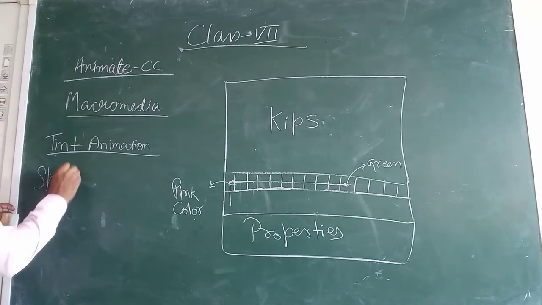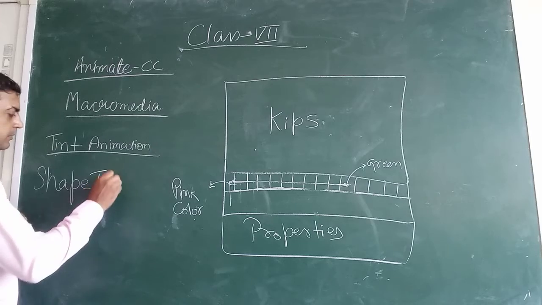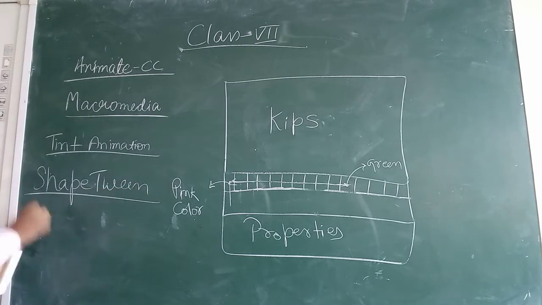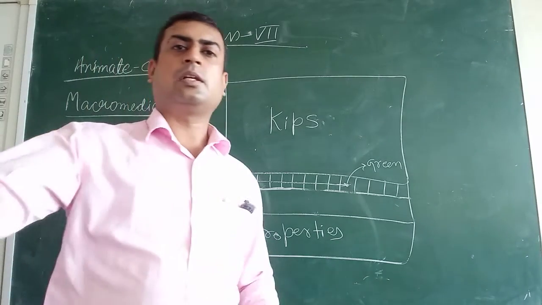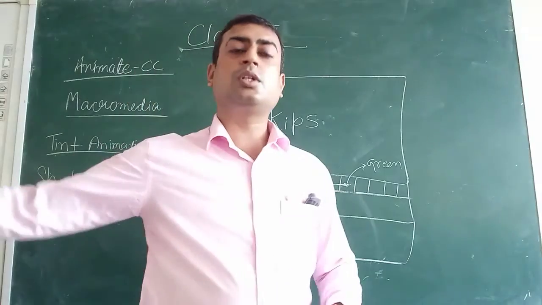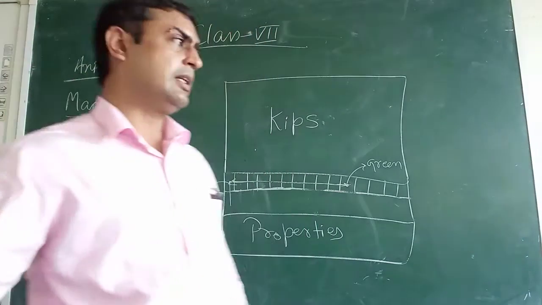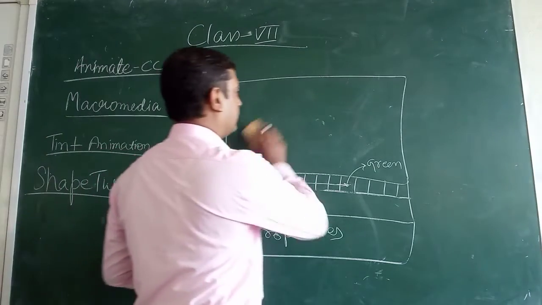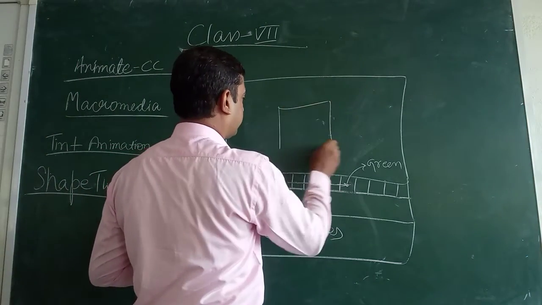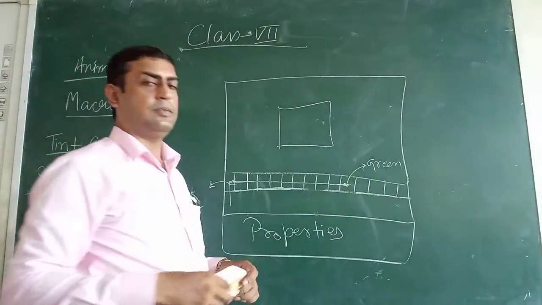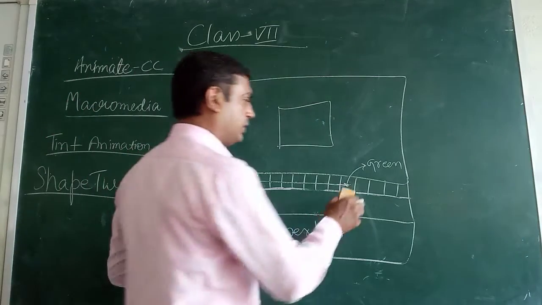Now shape tween. What is shape tween? Shape tween is used to change the shape of the object which we have drawn. Let's take an example. You have drawn one square, and now the second process, what you have to do?